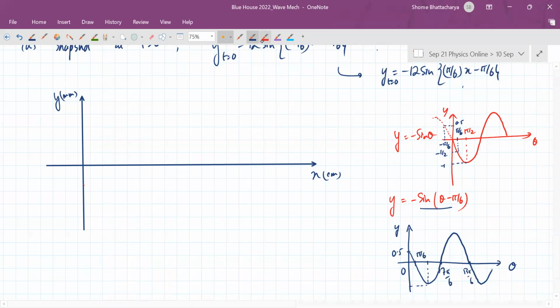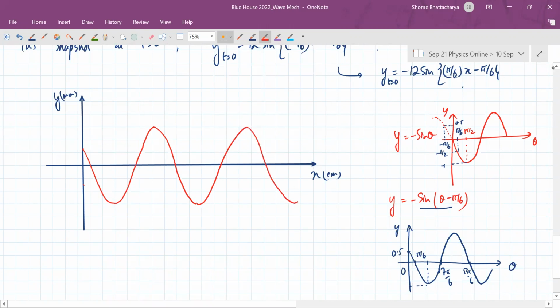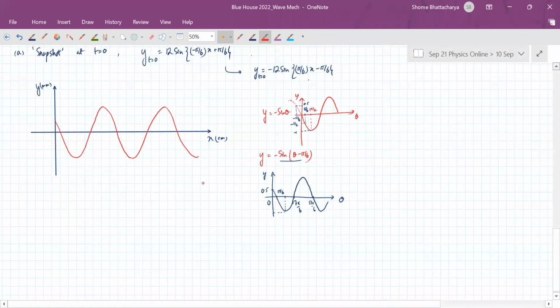Okay. So correspondingly, we see this graph. This kind of a situation. This is the snapshot picture at t equal to 0.